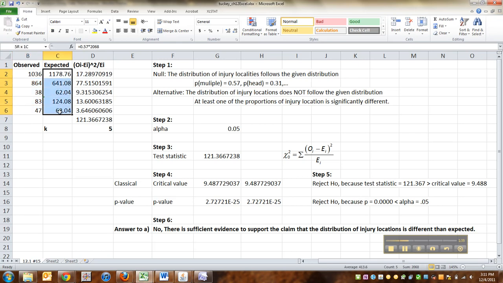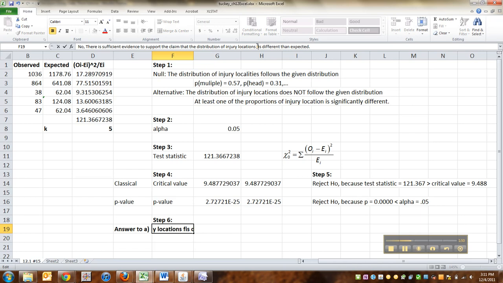This is what we expected for all riders. Now notice, were they the same? The answer is no. There's sufficient evidence to support the claim that the distribution of injury locations for those riders not wearing a helmet is different than expected for all riders.